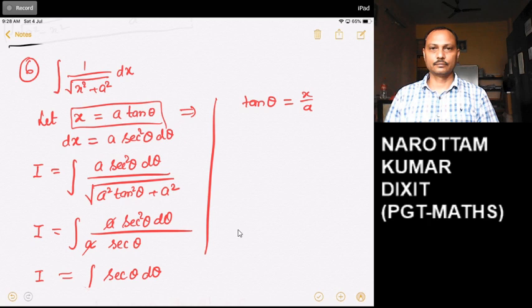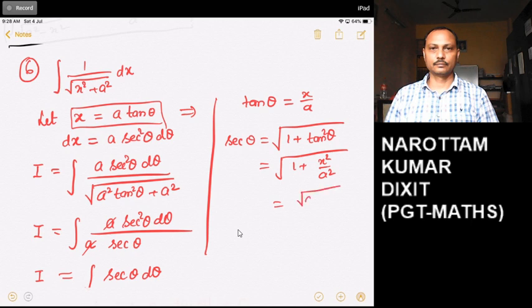The value of tan theta is x upon a. And what is the value of sec theta? It is square root of 1 plus tan square theta. So it is square root of 1 plus x square upon a square, so it is square root of a square plus x square divided by a. So this is the value of sec theta.